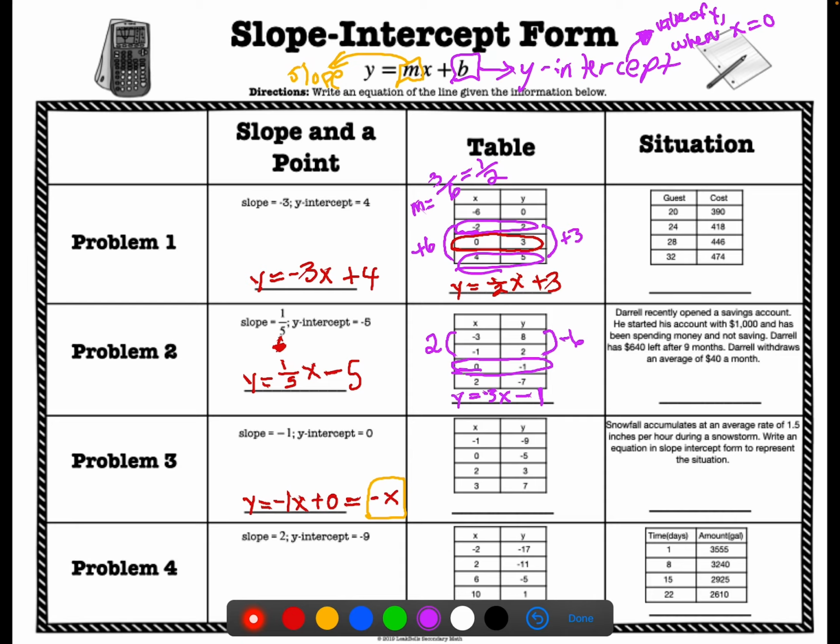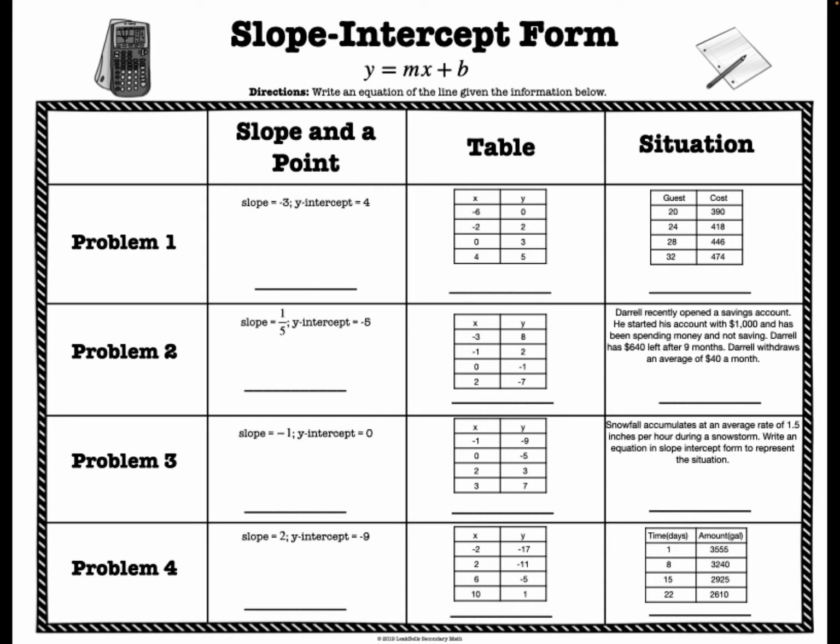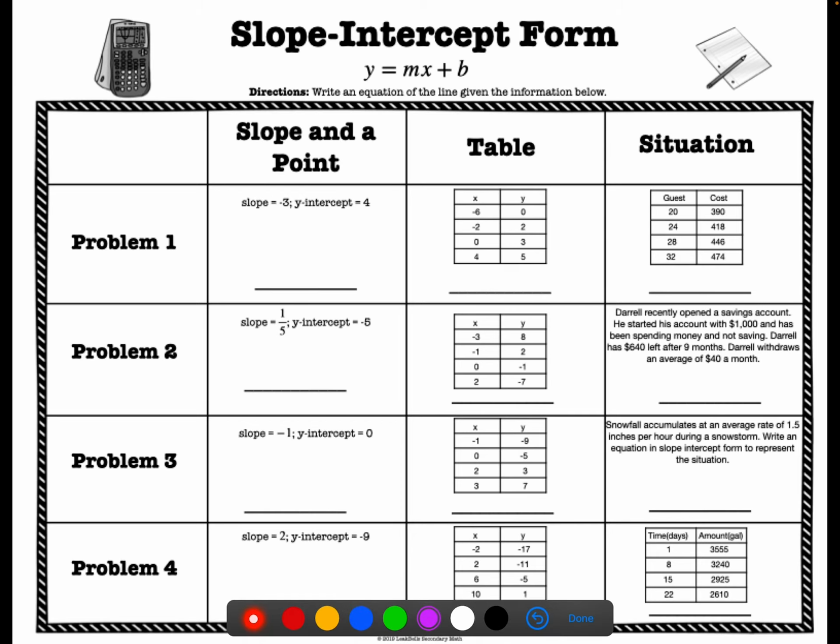All right, I am going to leave problem 3 for you to do, but I want to look at the fourth one down here. I want to look at this because if we were looking for the y-intercept first, do you see a value for y when x is 0?